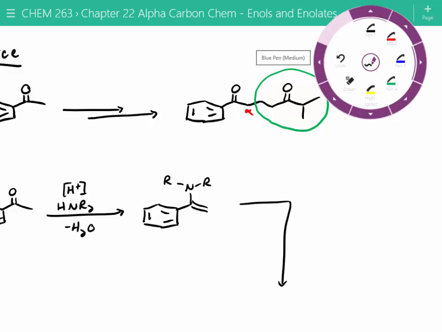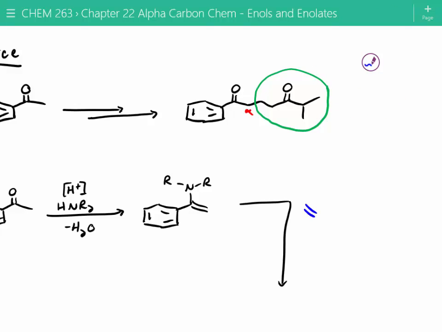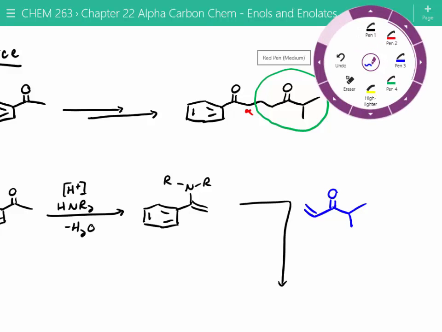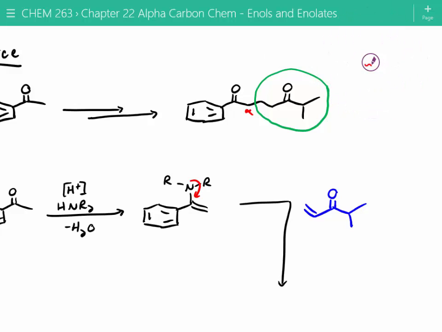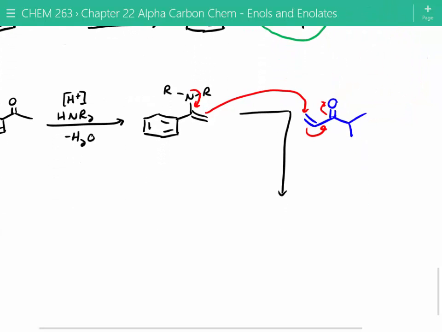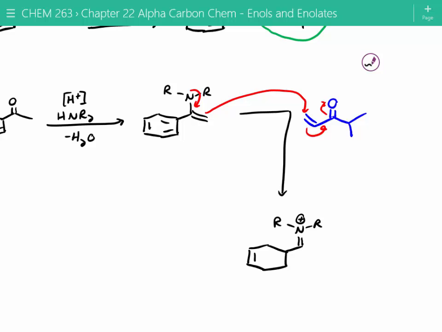So what I'll do is actually do this in a different color. So this electron can dump down. This one can attack here, and attack up. When you add an alpha beta unsaturated ketone with a double bond, are we attacking the double bond?